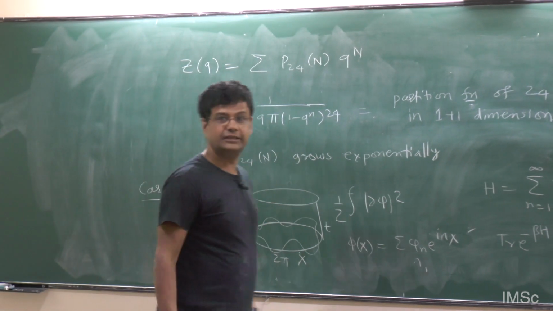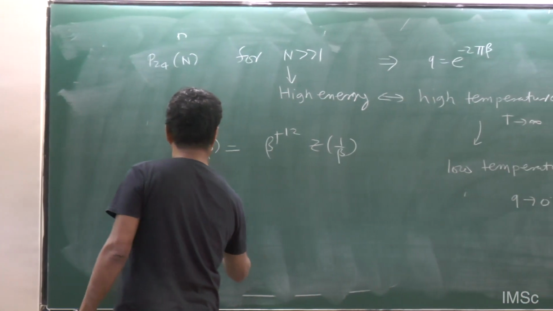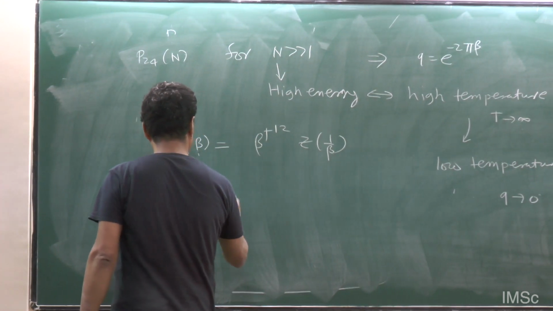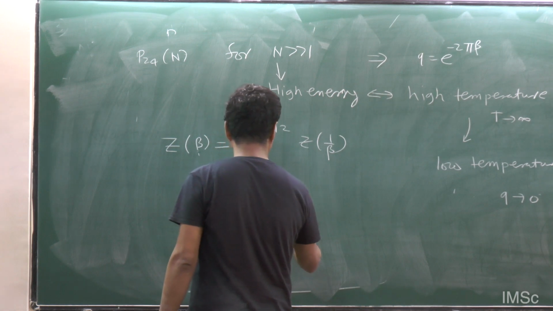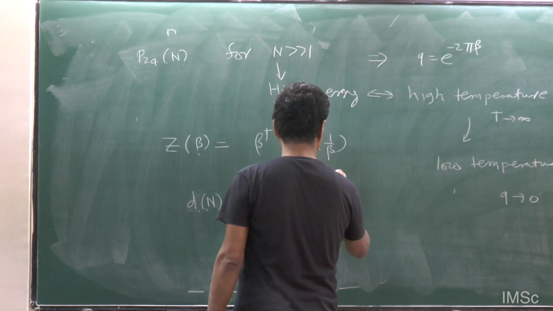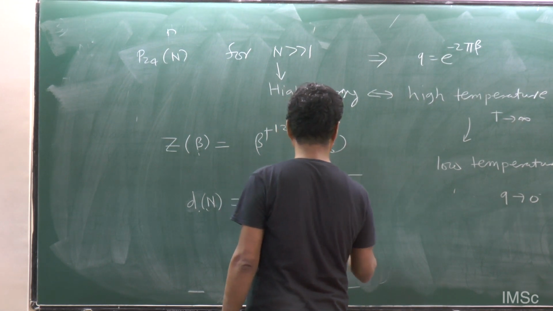For a conformal field theory, he showed that the D of n, or P more generally, if you have some conformal field theory of some central charge, it goes as exponential of 2 pi square root of c divided by 6 n.